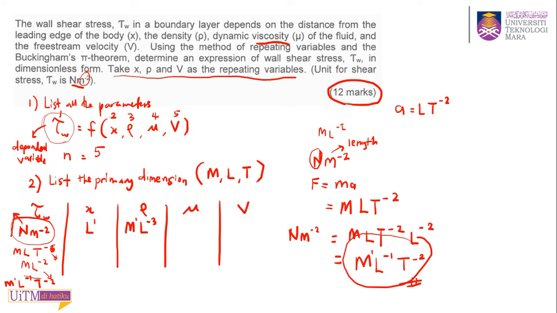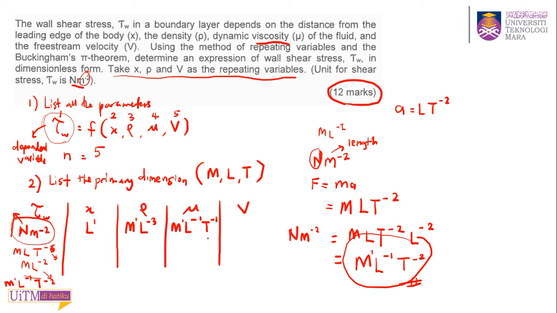Okay, now the dynamic viscosity, what is the equation for the dynamic viscosity? M1 L negative 1 T negative 1. Right, you are correct. Okay, how do you get this? From the equation, right? How do you get this M1 L minus 1 T minus 1?